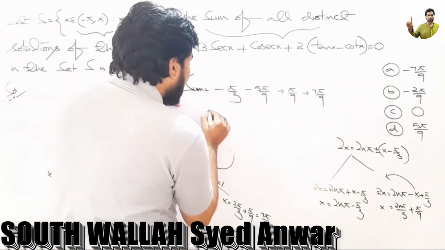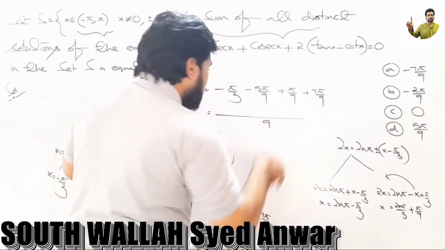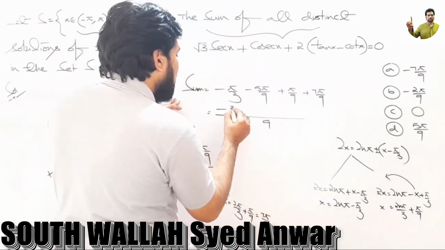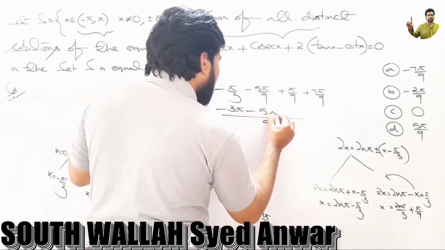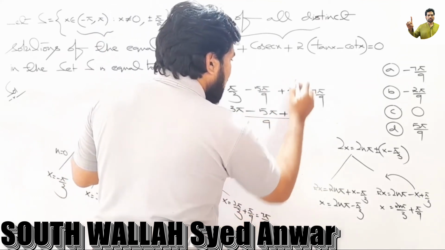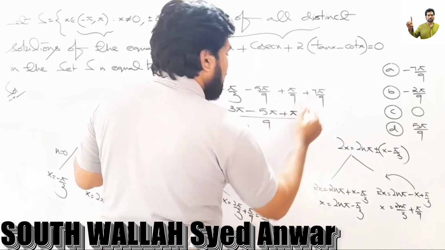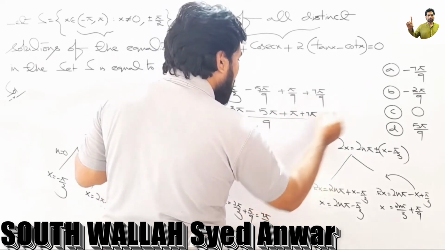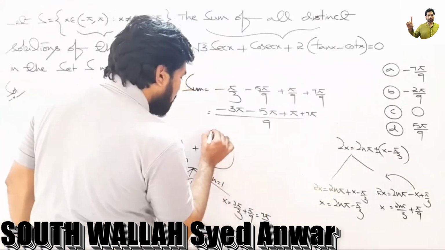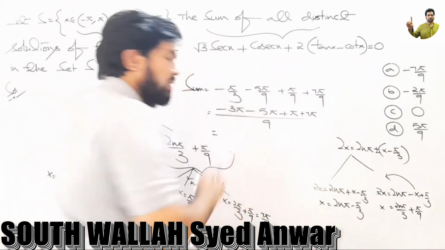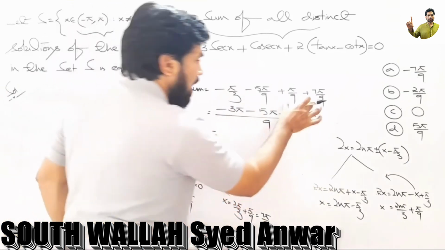I want their sum. LCM 9, then it is multiplied by 3, minus 3 pi. It is multiplied by 1, minus 5 pi. It is multiplied by 1, pi. It is multiplied by 1, then it is 7 pi. So that means minus 3 pi minus 5 pi is minus 8 pi, and plus 8 pi.